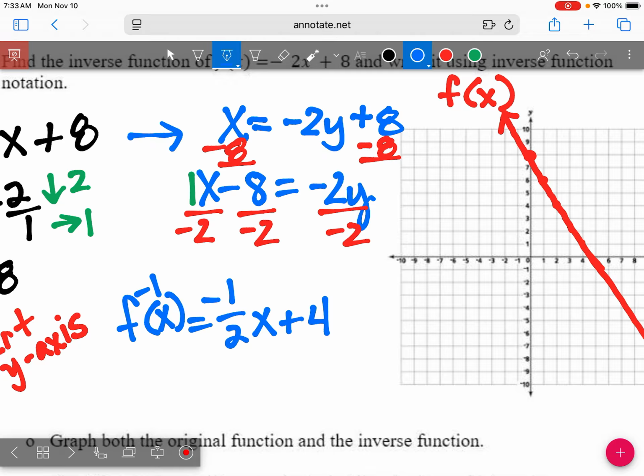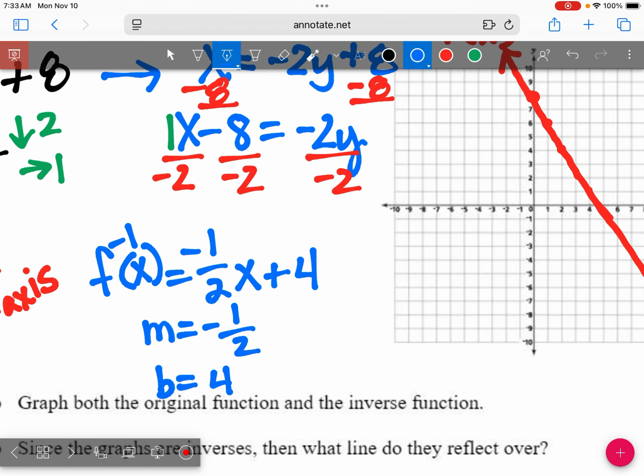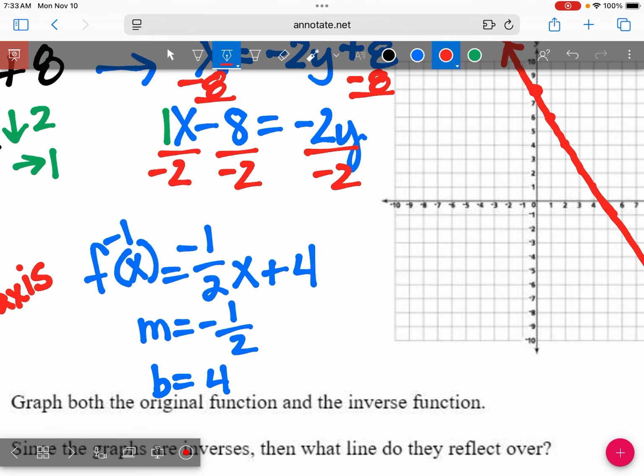My slope is negative 1/2, and my y-intercept is 4. So this new line is going to start at 4. This is where I'm going to start. But because this is negative 1, I'm going to go down 1 and then right 2. So we're going to start your line at 4.